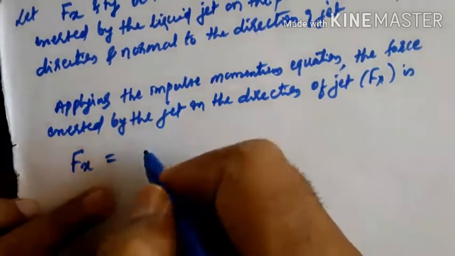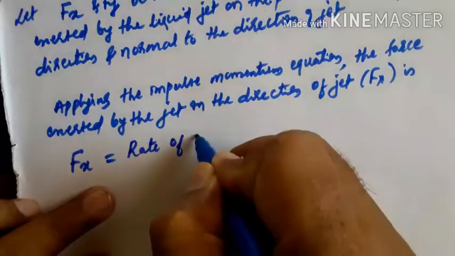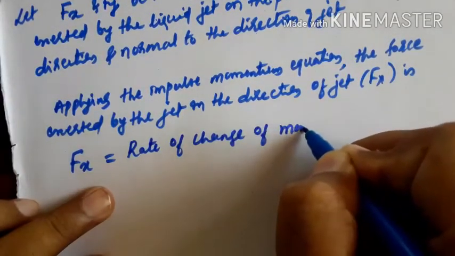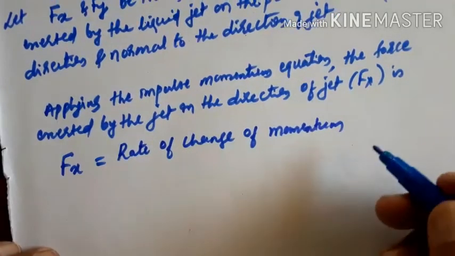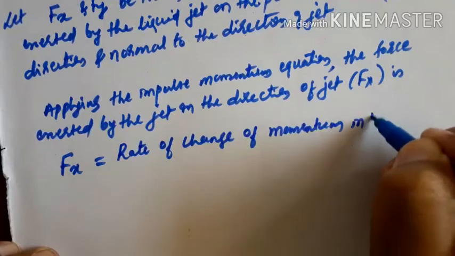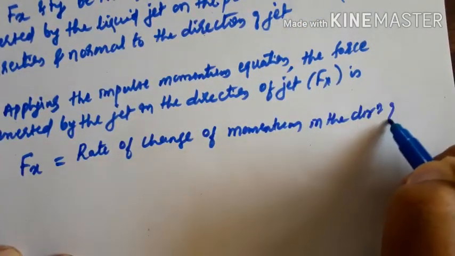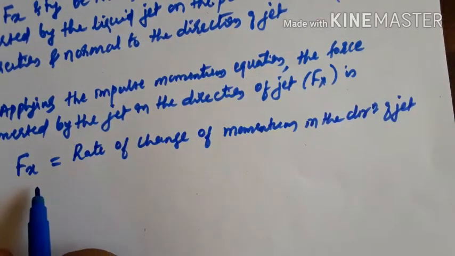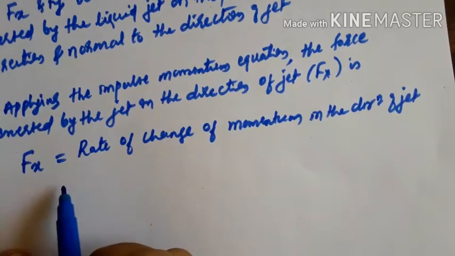What the impulse momentum equation says is, Fx equals the rate of change of momentum in the direction of the jet. In whichever direction the jet is acting, in that direction the momentum is to be considered.